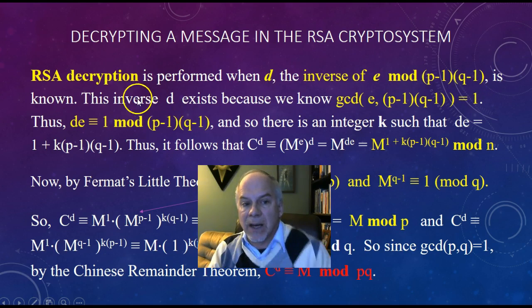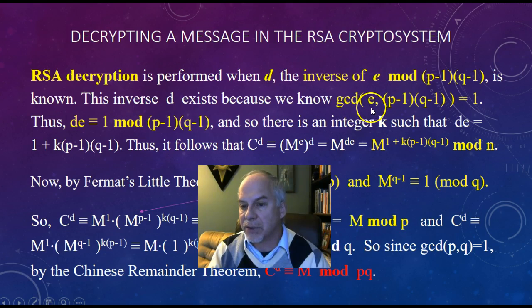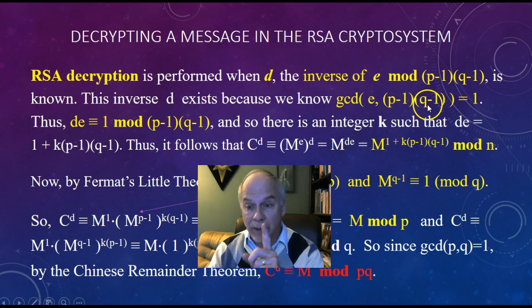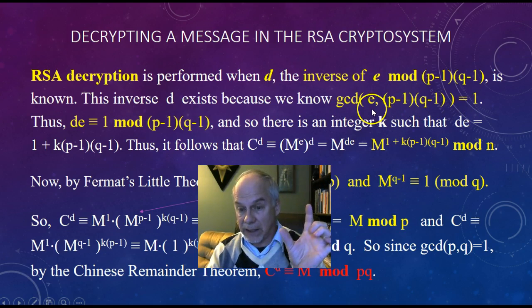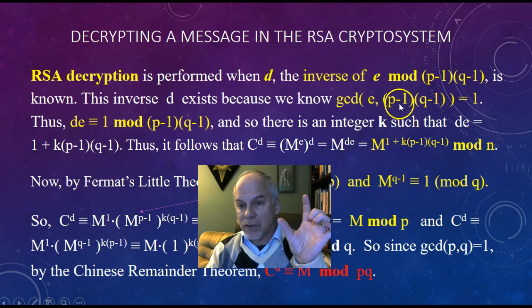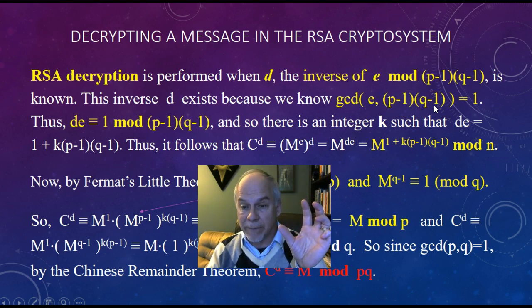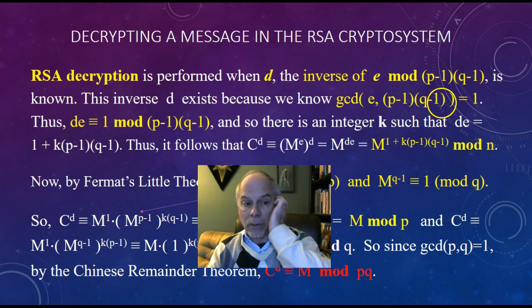This inverse exists because the greatest common divisor of E and P minus 1, Q minus 1 is 1. Remember at the beginning, we had to set E, the exponent, to be relatively prime with P minus 1, Q minus 1.